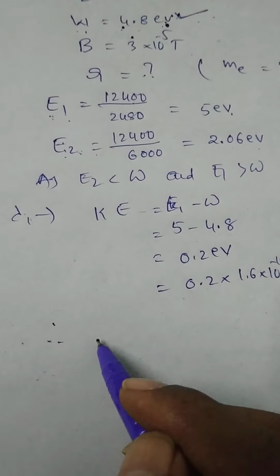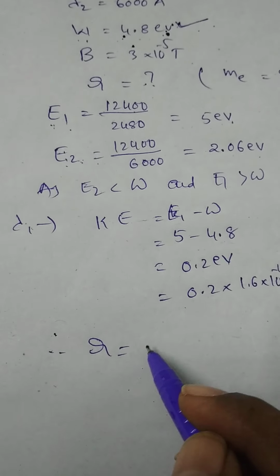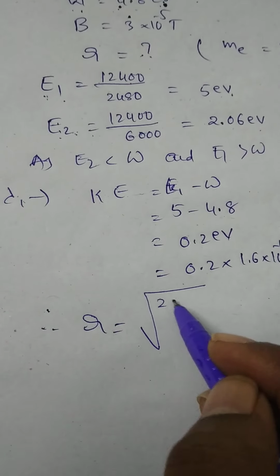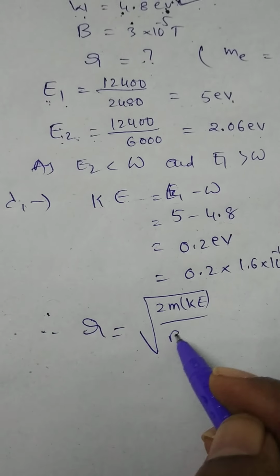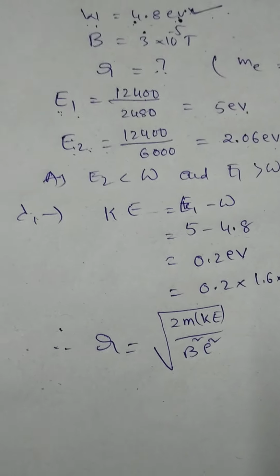Therefore, from the above relation, radius R is equal to root of 2m into KE by B square E square. Okay?